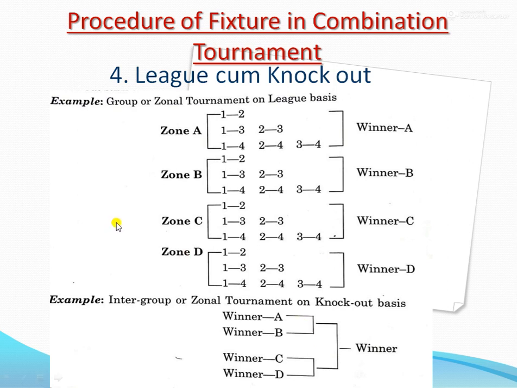Sorry, I made a little mistake. The zonal tournament will be based on the league tournament, and the final will be based on the knockout tournament. This type of tournament is called league cum knockout. We can easily get the format of a tournament by reading the name only, league cum knockout. It means first league and the last round with a knockout tournament.